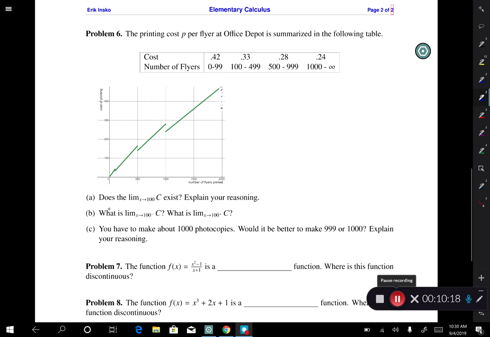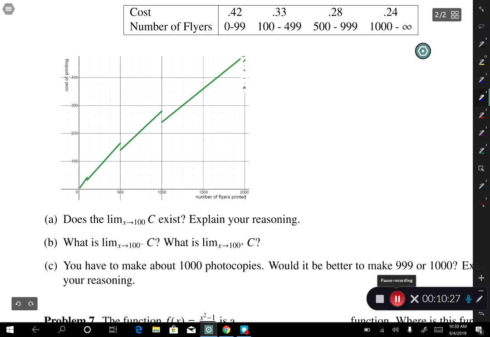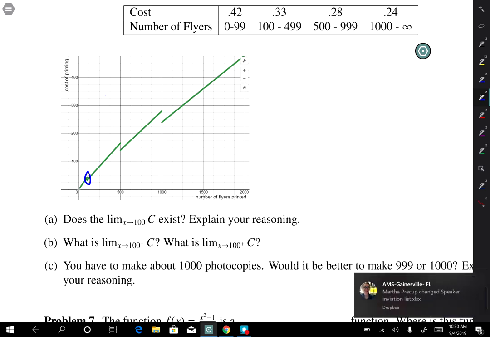The first question asks, does the limit as x approaches 100 exist? Explain your reasoning. And so that was this value right here. And it does not look like that limit exists, and that's because there's a jump discontinuity.